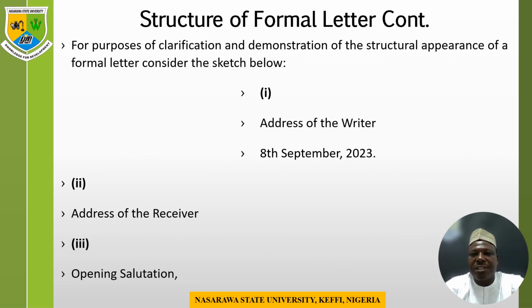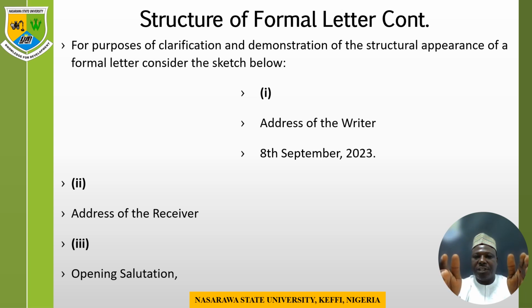Structure of formal letter. For purposes of clarification and demonstration of the structural appearance of a formal letter, consider the sketch below. Item 1 there, as you can see, we're assuming here that we are writing the formal letter on a paper.